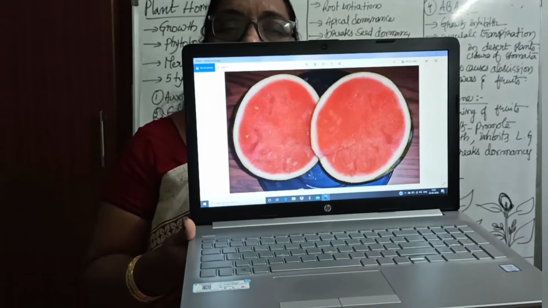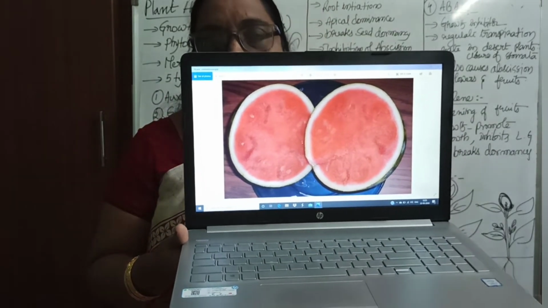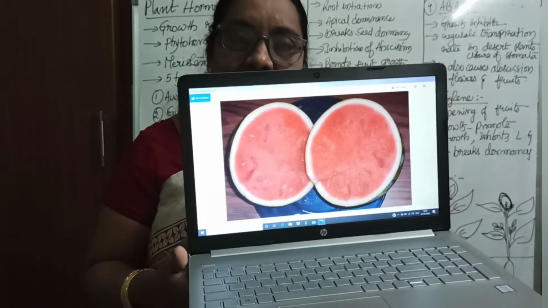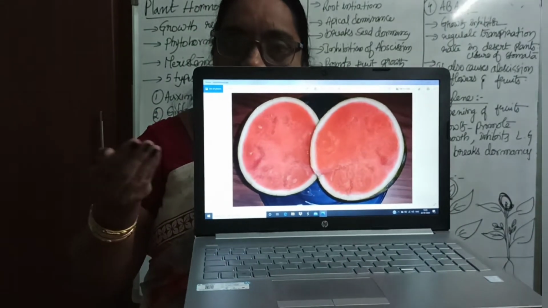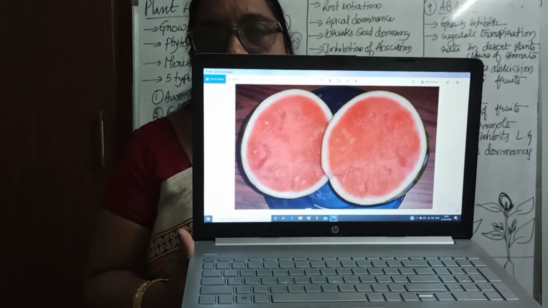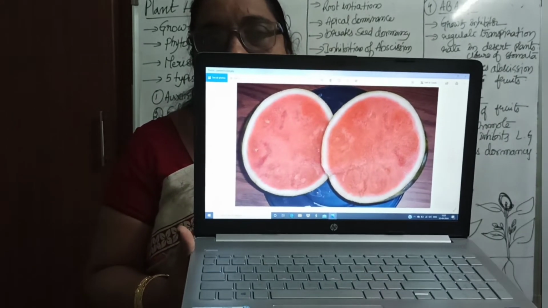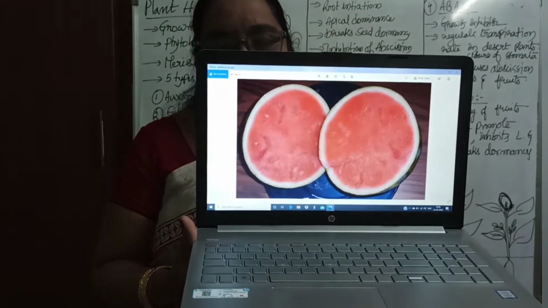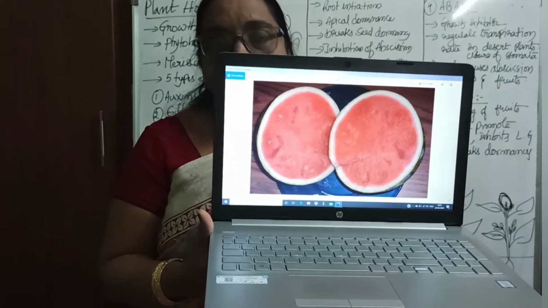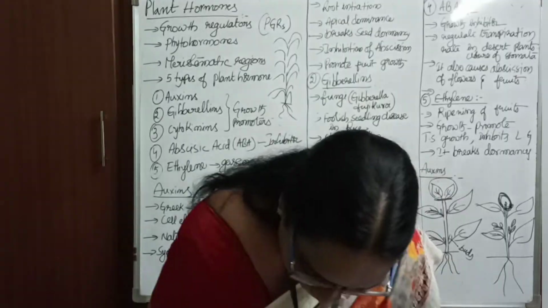When they spray the chemical over the fruits, or inject the chemicals, what will happen? There will be only softened seeds, not with a hard shell. That particular process is called parthenocarpy. Getting seedless fruits is known as the parthenocarpy process.